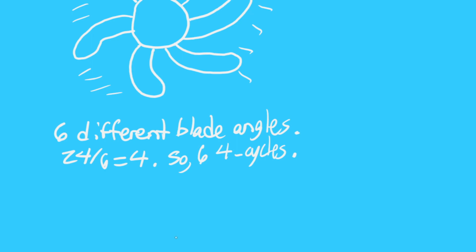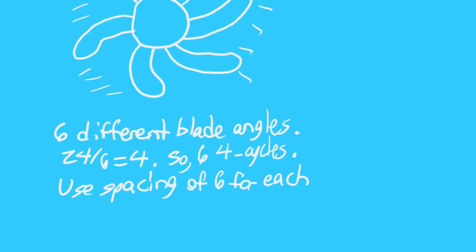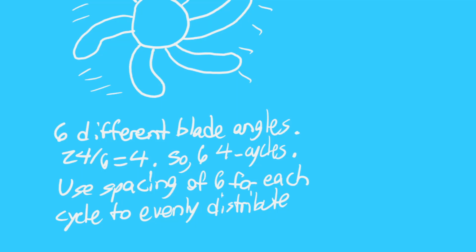So we can use spacing of 6 for each cycle to evenly distribute the blades.